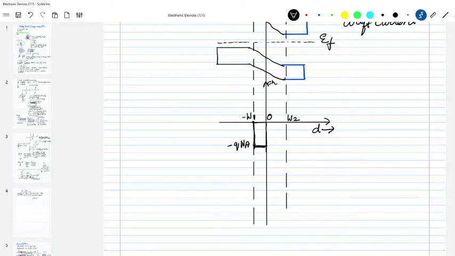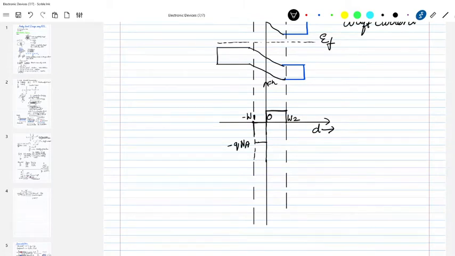So let me just make this so that you can understand it. Okay, so over here this is going to be this, over here it's going to be this.